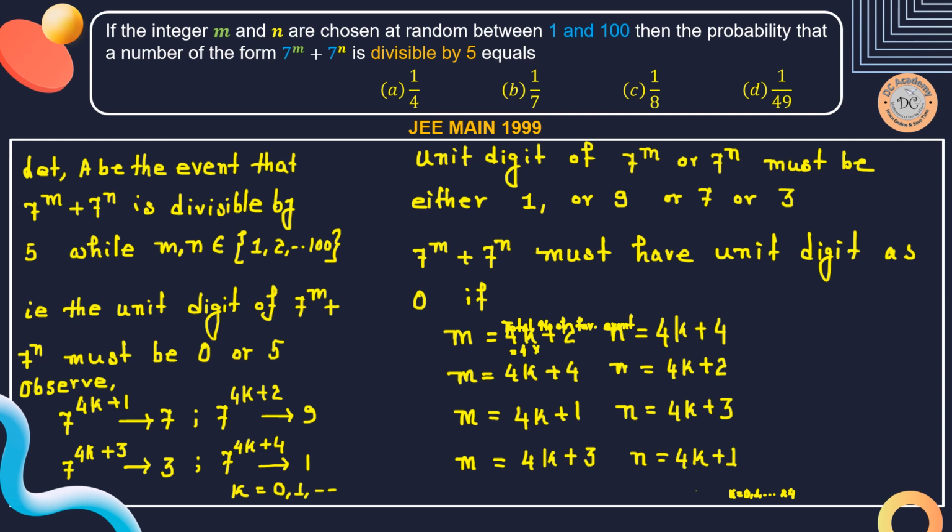So for every case, m and n can be chosen in 25 ways.